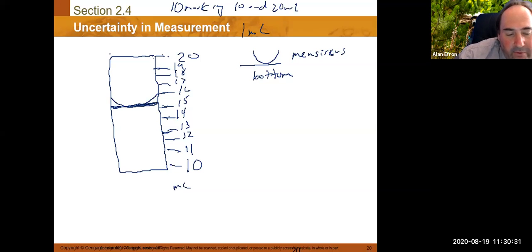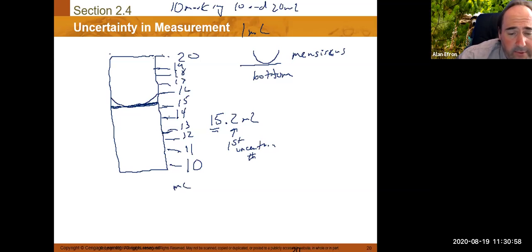When we make the measurements here, everybody that looks at it should agree it is at least 15. Those would be our certain numbers. But in this case, it's not exactly at 15, not exactly at 16. So I may look at it and say, I think it's 15.2 milliliters. This would be my first uncertain number.